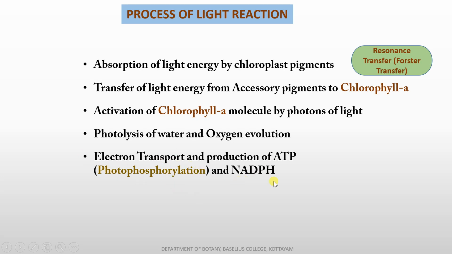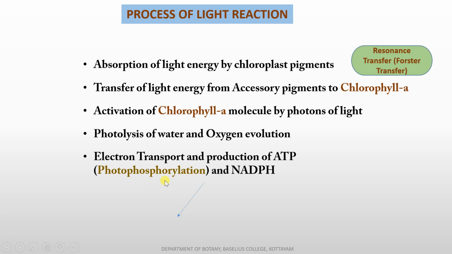So this is a very important part of photochemical reaction, that is electron transport and production of both ATP and NADPH. Here the production of ATP is also termed as photophosphorylation. All these processes we will discuss in detail.